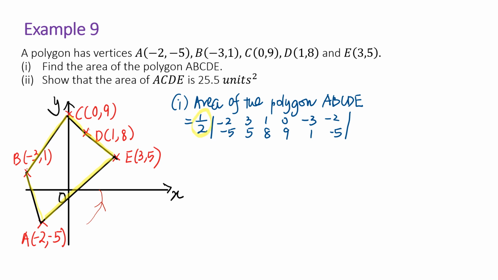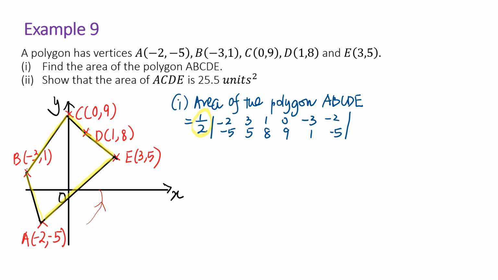Start with the half and the vertical line, then you arrange all your coordinates, starting off with the x coordinate first, followed by the y coordinate. So -2, -5, followed by 3, 5, 1, 8, 0, 9, -3, 1. Go back to -2, -5. Just remember, when you come out of the house, you always like to go back to the house, right?